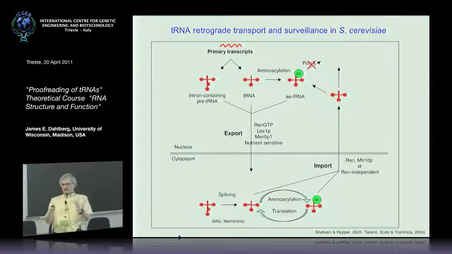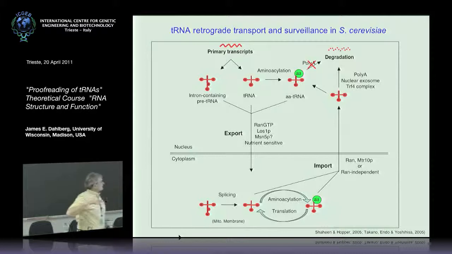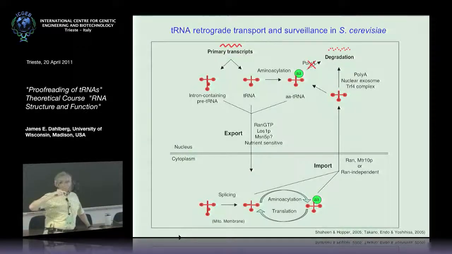Okay? tRNAs, when they gain an oligo A, it's not very long, but they get poly A on the end in the nucleus, it makes them a substrate for a nuclease that's in the nucleus, and they become degraded. And so this is probably a monitoring system that the yeast cell uses to monitor the integrity of the tRNA inside the nucleus.